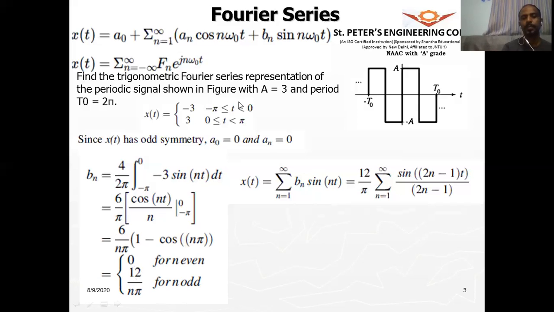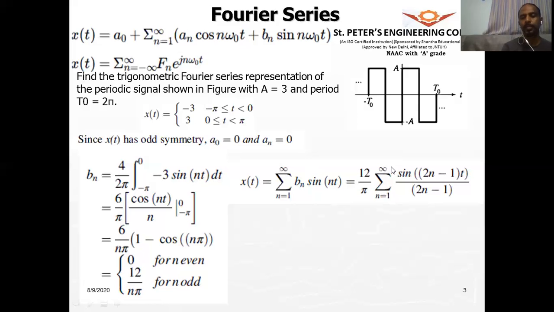So we have to put it back in this equation and find out the trigonometric Fourier series expansion. When you put the value of bn, it is nothing but 12 by n pi.